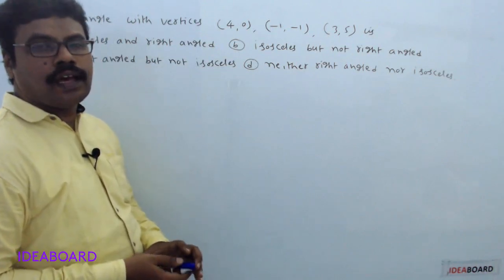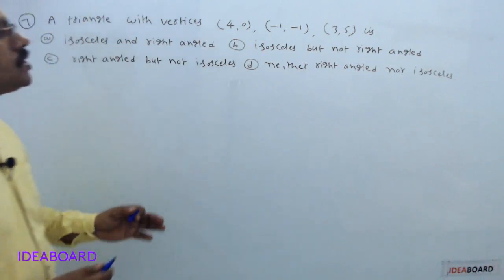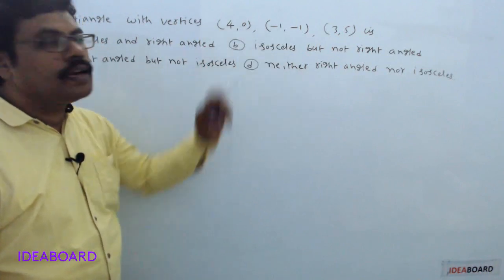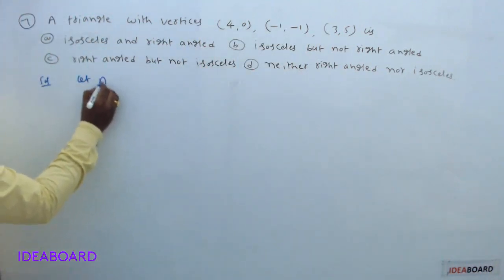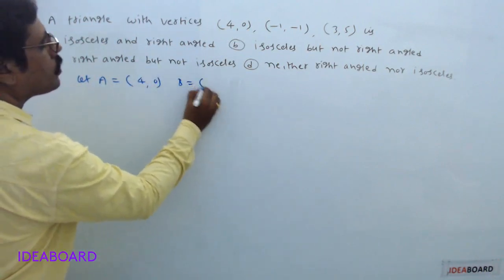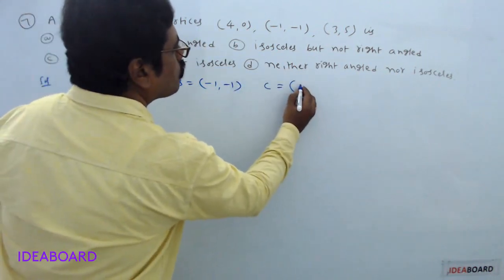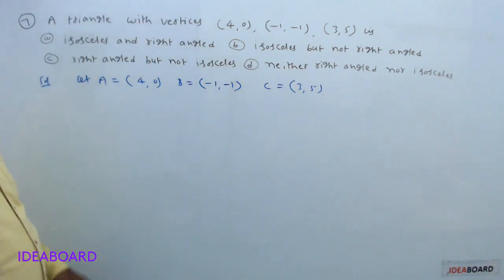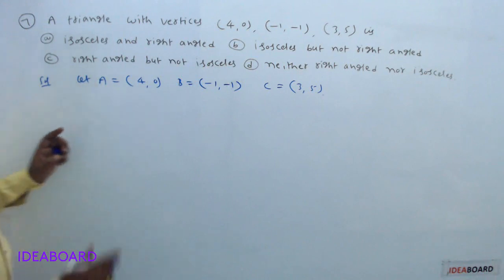First you have to calculate the lengths of the sides of the triangle. First denote the given 3 points as A, B and C. Let A equal (4, 0), B equal (-1, -1), C equal (3, 5). First calculate the lengths AB, BC and AC.